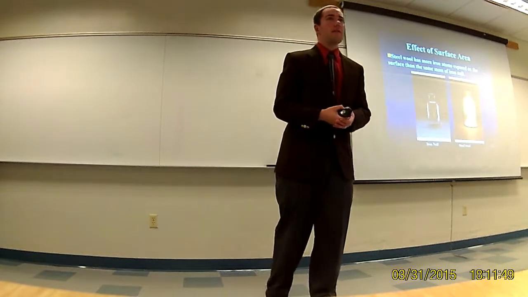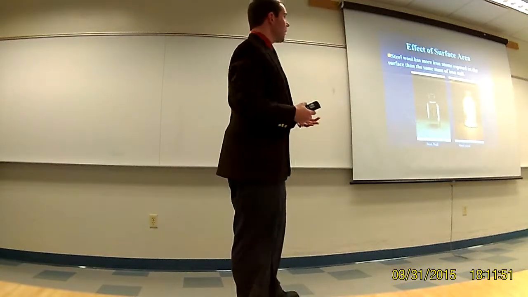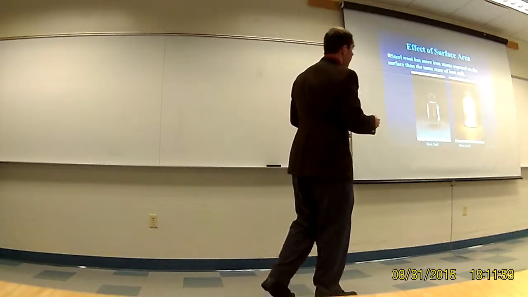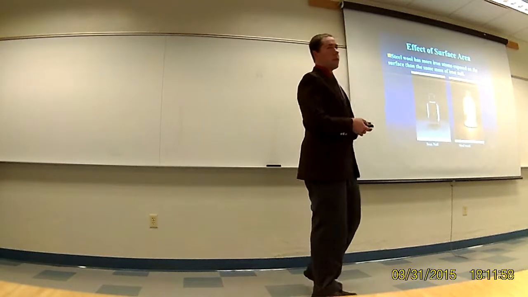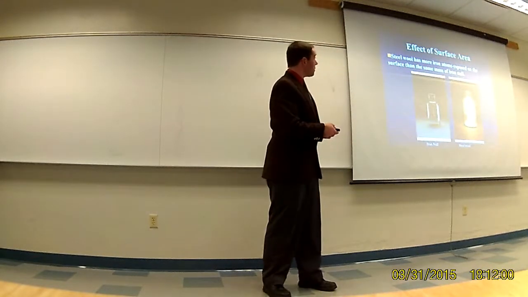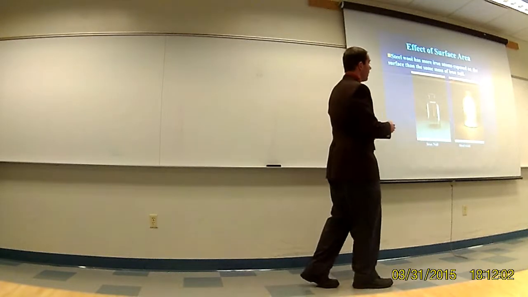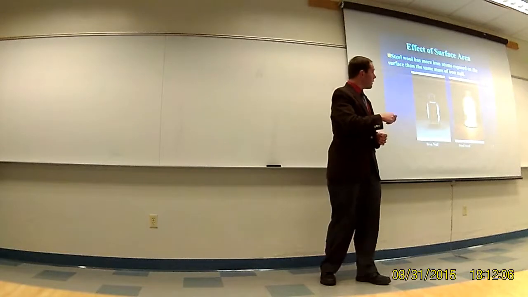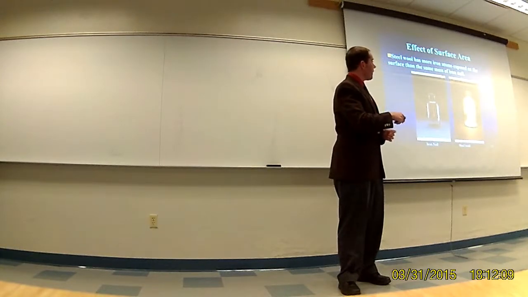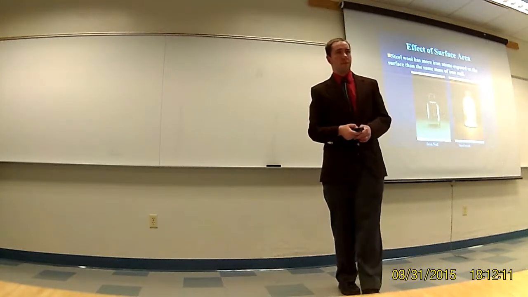This is how surface area affects it. What we have here is a jar with an iron nail hooked up to electricity, and my guess is there's probably condensed oxygen in the bottom. Over here is the same bottle with the same oxygen with steel wool.